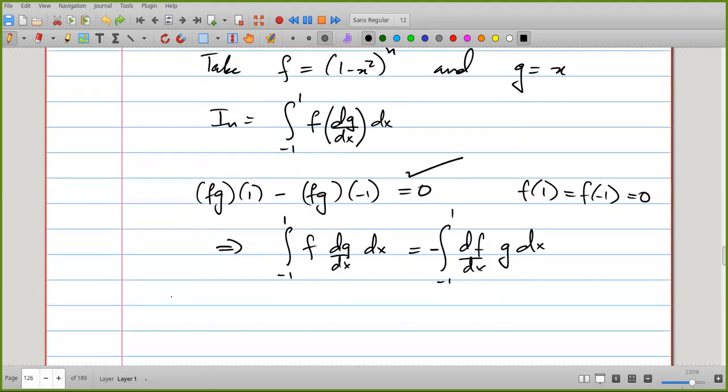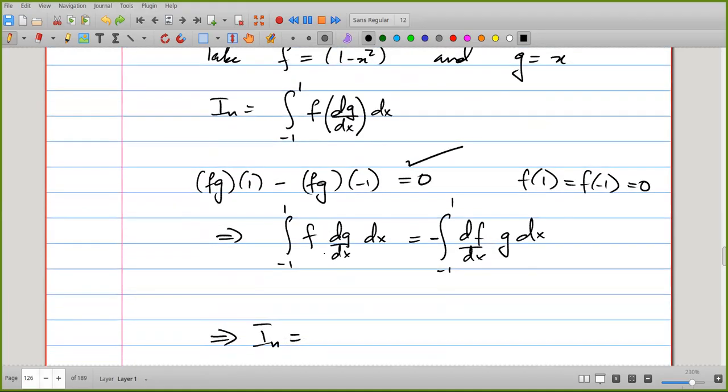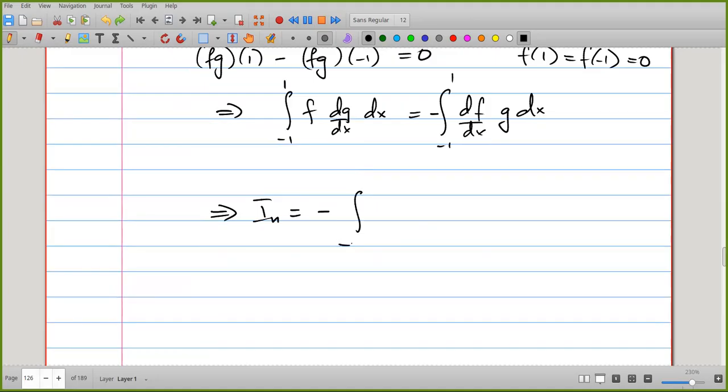So this implies that I_n is equal to minus the integral from minus 1 to 1 of d by dx of (1 minus x squared) to the power n times x dx, right? But what is this?